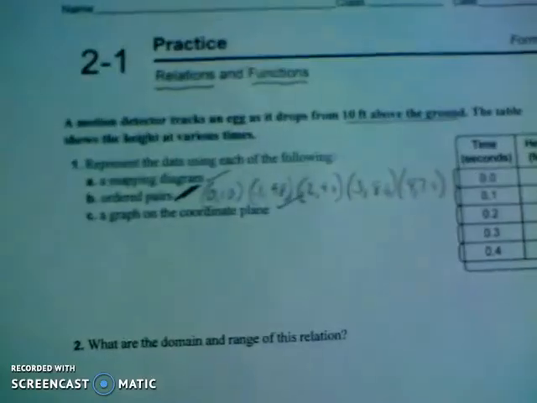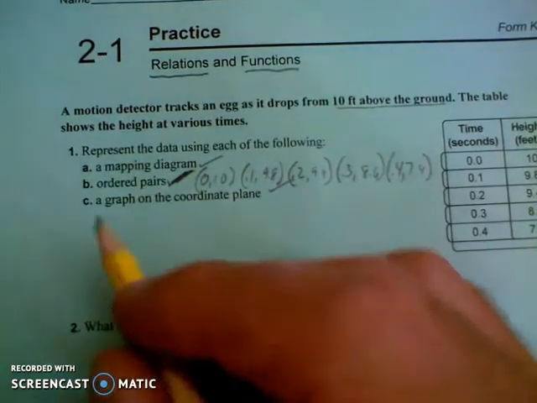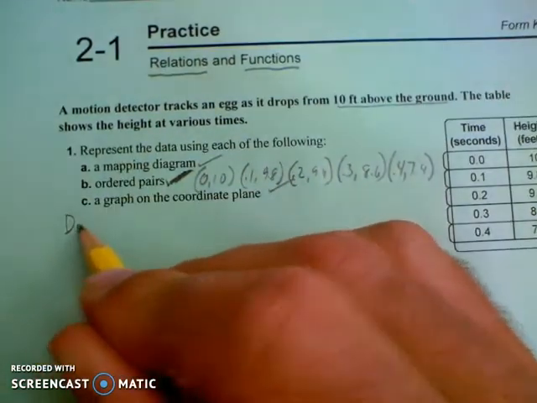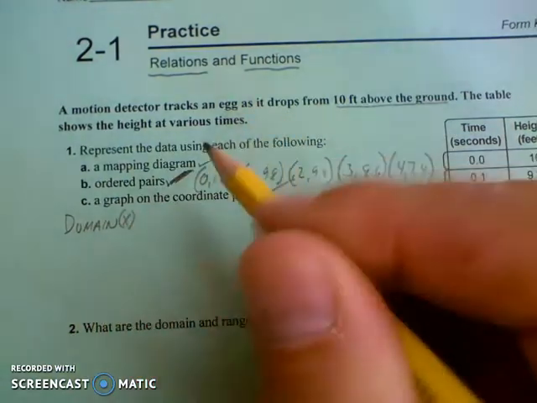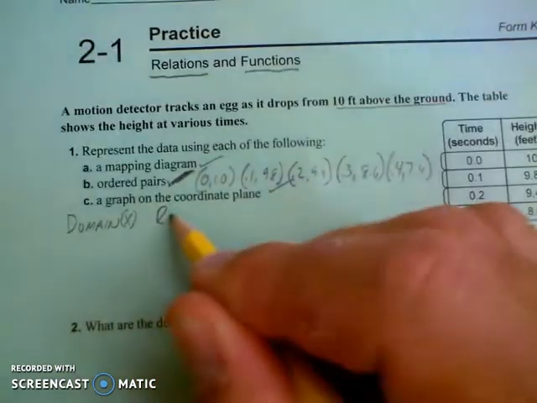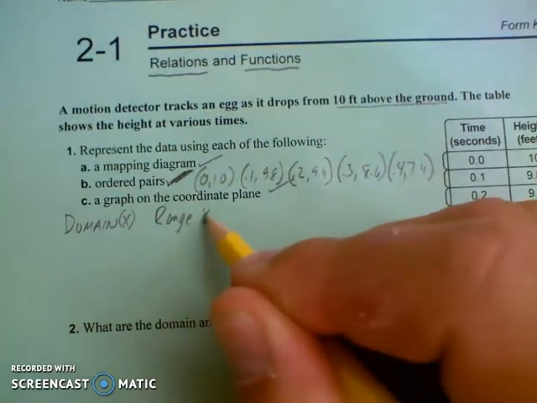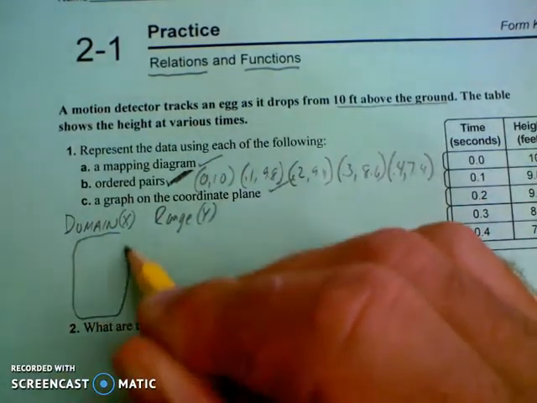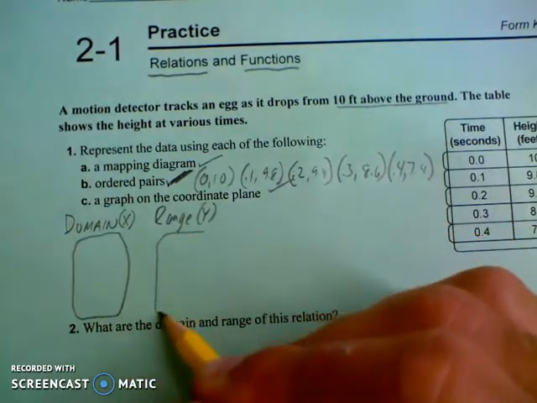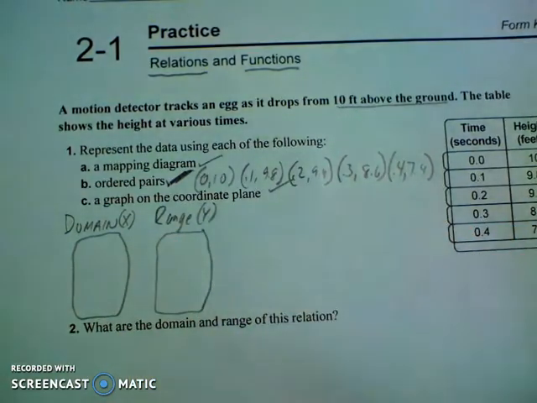Now we need to go to the mapping diagram. If you remember a mapping diagram, you have the domain on one side, which is the x values. On the other side, you have the range, which is the y values. And all it is these little bubble guys. And you draw arrows connecting the x's and the y's.